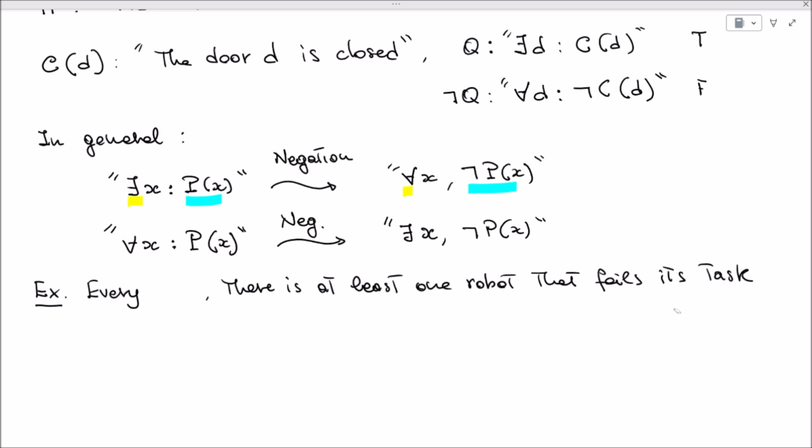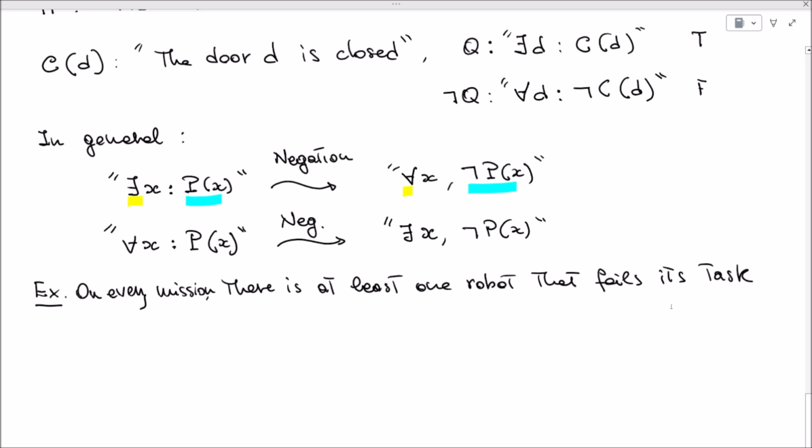Let's say rather than day, on every mission there is at least one robot that fails its task. This is a sentence in common language.